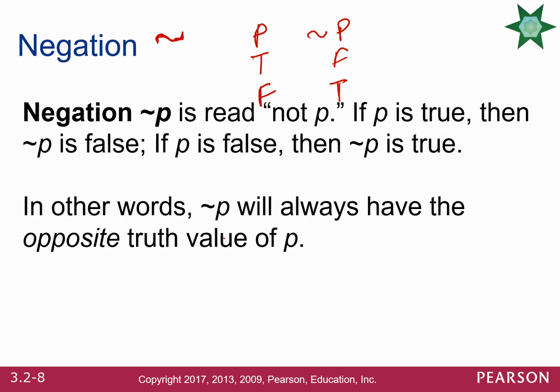What else do we have here? It says, in other words, not P will always have the opposite truth value of P. So as soon as you negate a true statement, it'll become false. If you negate a false statement, it'll become true.